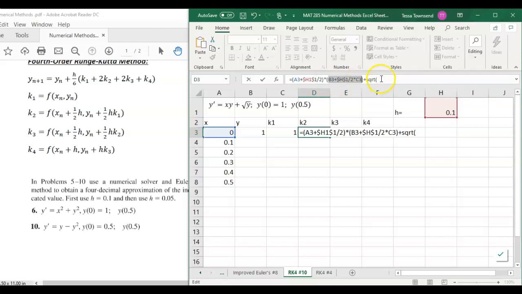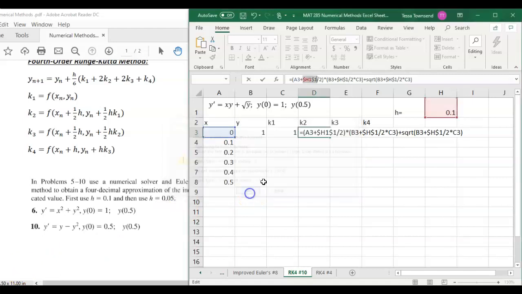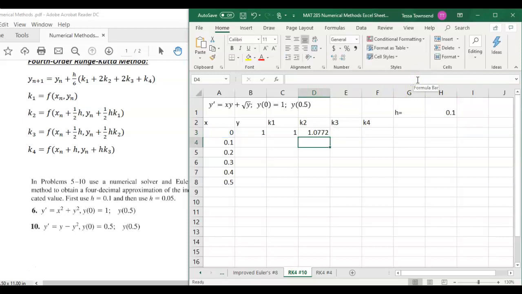So I'm just going to copy that piece in. Hit enter. So I'm going to click OK. I've got something wrong right here. That dollar sign belongs in front of the 1 there. Hit enter. So there's our K2.